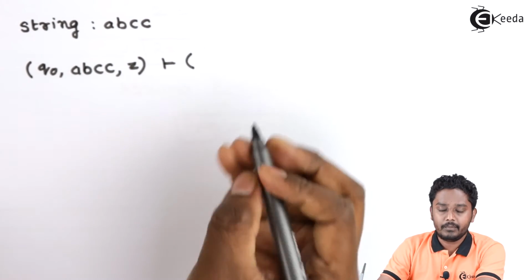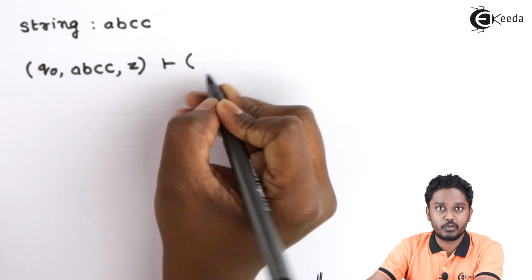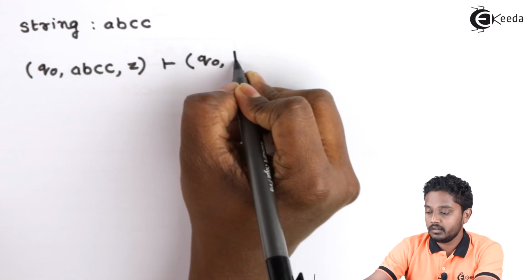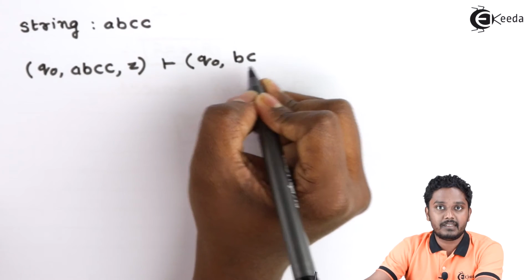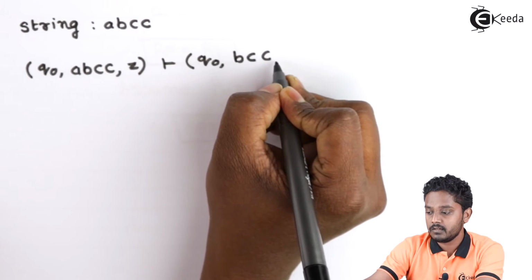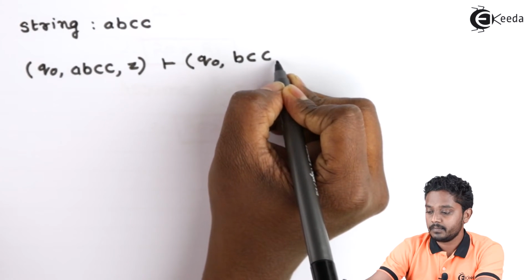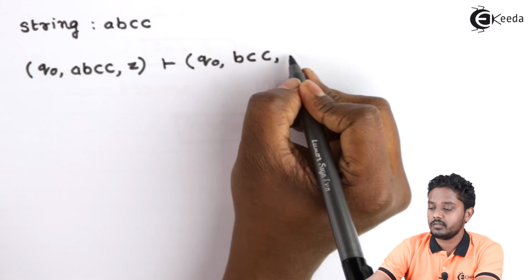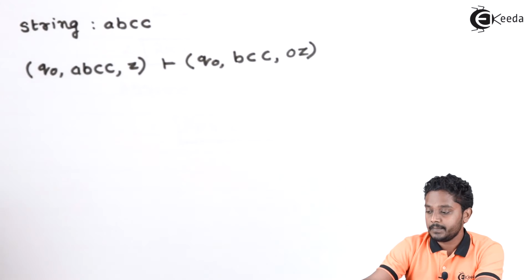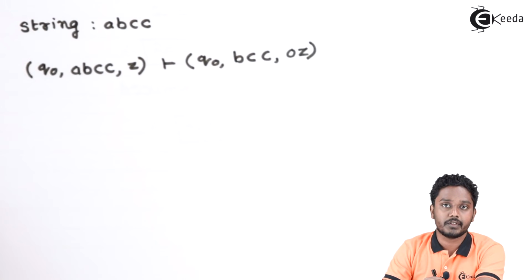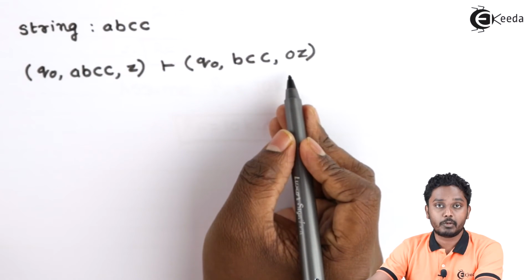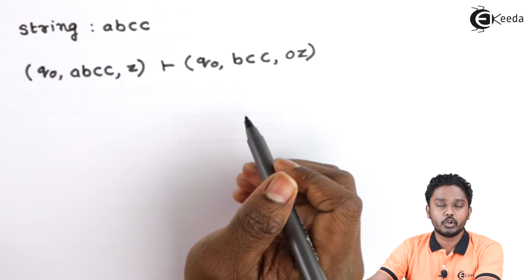Using turnstile notation, on the first A, it will be Q0 only. A is gone, left with BCC. The stack would now have a 0 pushed. This will be the new configuration. Now on Q0 with a B and 0 on the top of the stack, we will be moving to Q1.